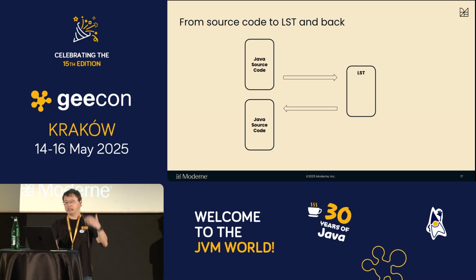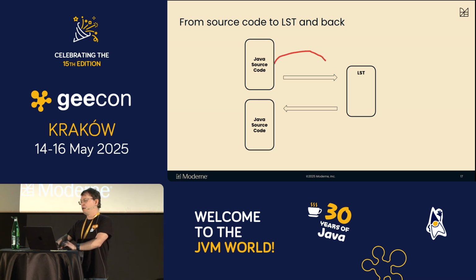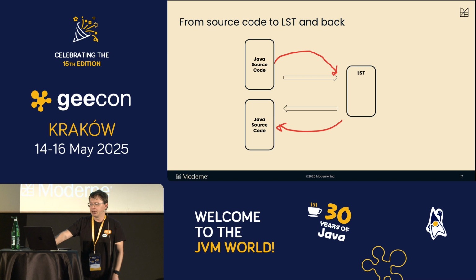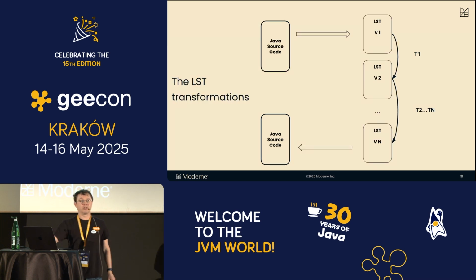And with this LST representation, we can convert our code to LST and print it back to the initial source code. But in addition, we could do other interesting things. We could run some transformations based on this LST tree. And after this transformation happens, we can print it back to our source code.